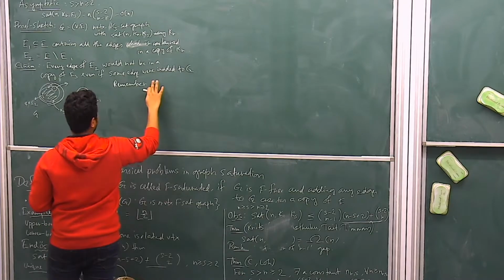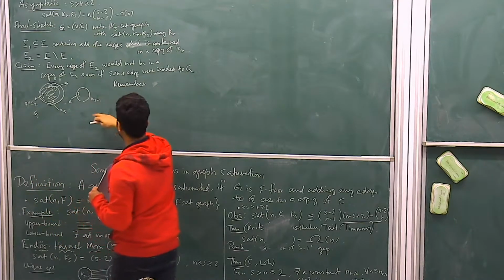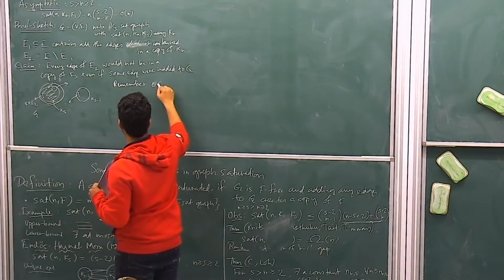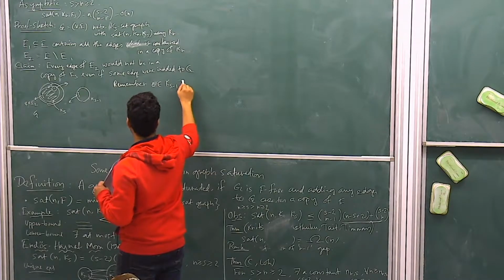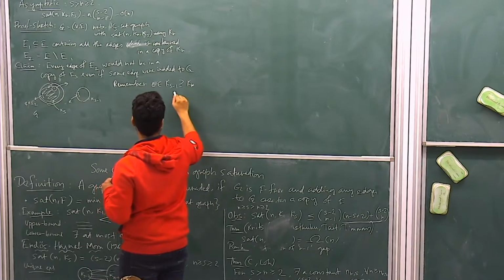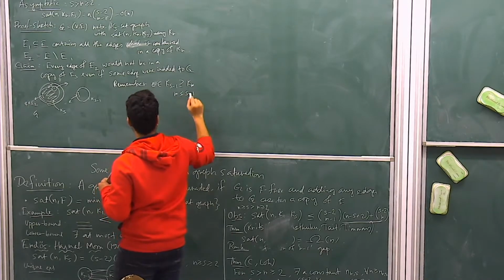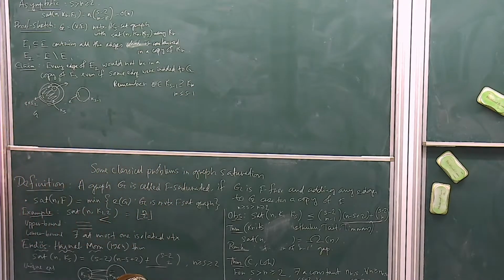But here you can see that E is in a copy of Ks minus 1, and of course this is true because r is less than or equal to s minus 1. So that means E is in a copy of Kr, which is a contradiction.